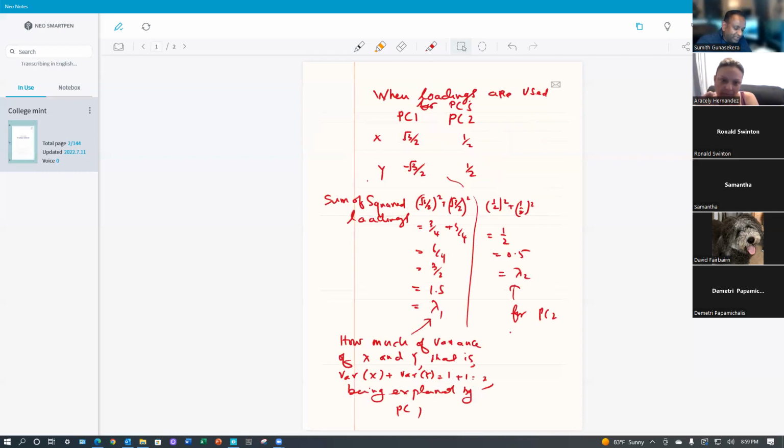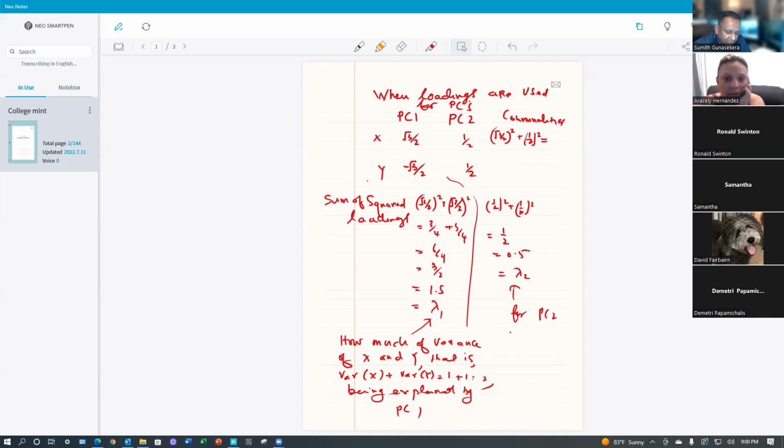Communalities, I'm going to do it this way. It's going to be root 3 over 2 squared, plus 1/2 squared. How much is it going to be?